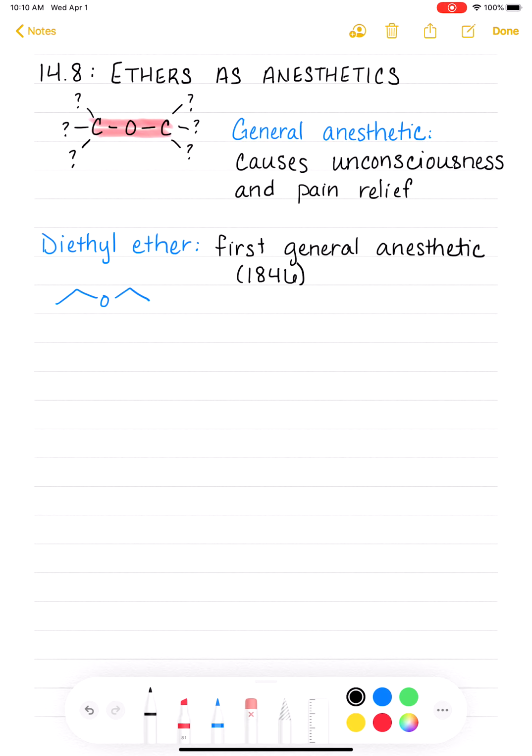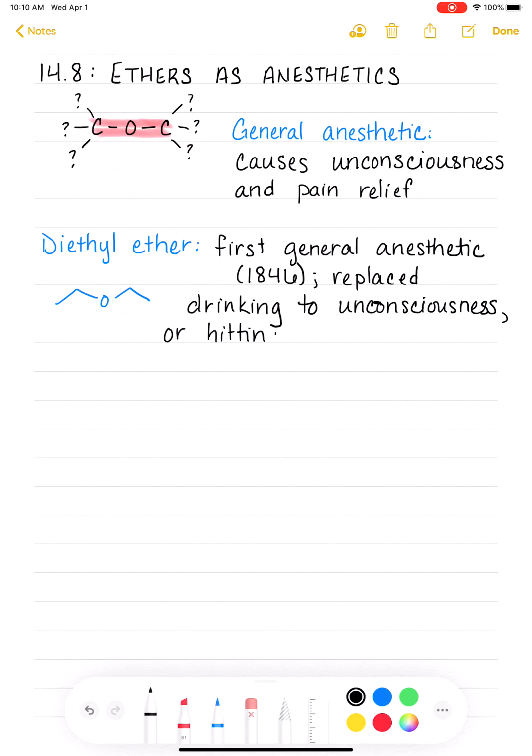Prior to the use of diethyl ether, before general anesthetic was discovered, medical professionals used things like the patient drinking themselves to unconsciousness, just basically getting wasted, or sometimes hitting them in the head and knocking them out.